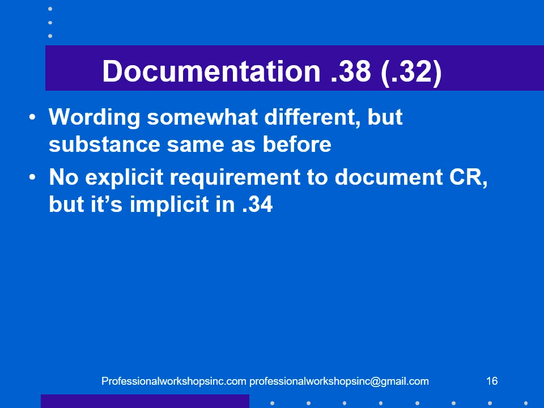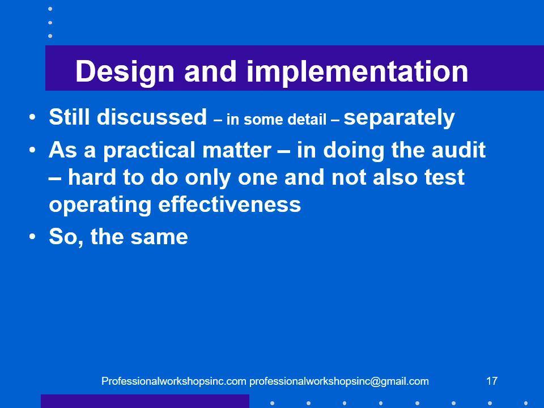Documentation, new paragraph 38, old paragraph 32. The wording is somewhat different, but in substance it's the same as before. They did not add an explicit requirement to document control risk, but I think it's implicit in paragraph 34. Design and implementation are still discussed in some detail separately. That's fine.